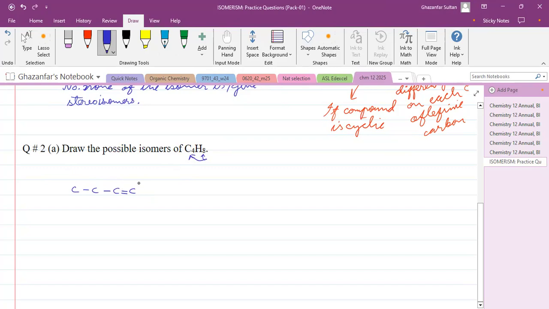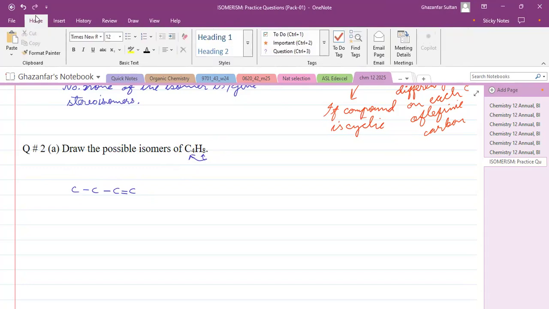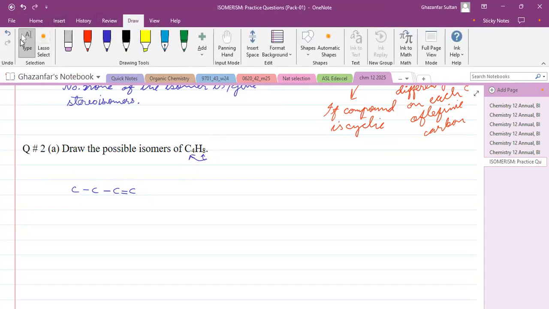Another thing that you can do here is draw hydrogen atoms. Either you can draw them above and below, or you can draw it in this way, where it should be CH2 because 2 valencies have been satisfied.